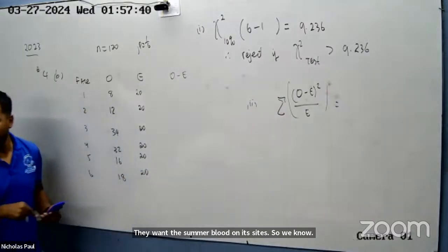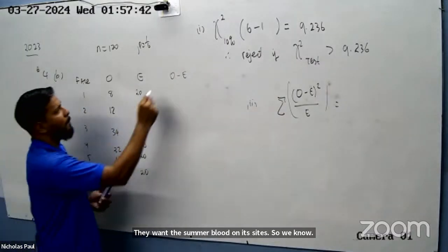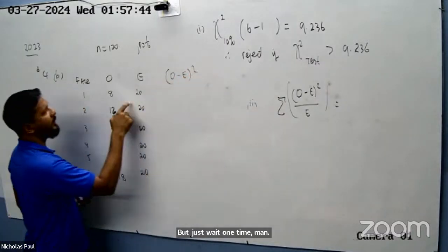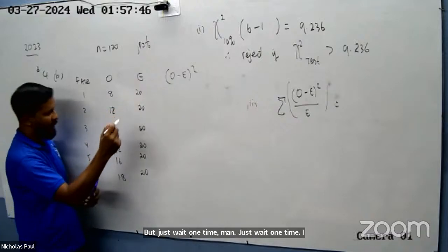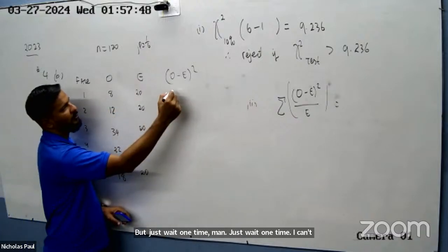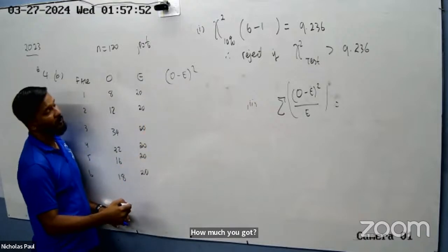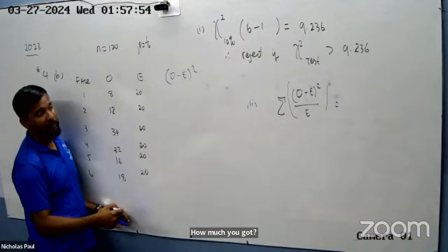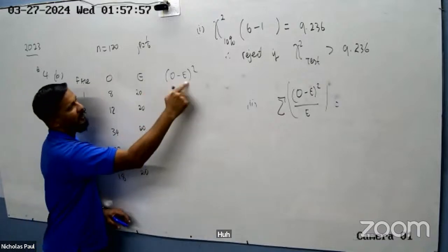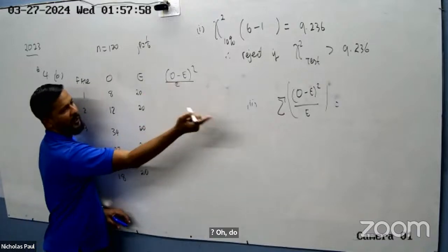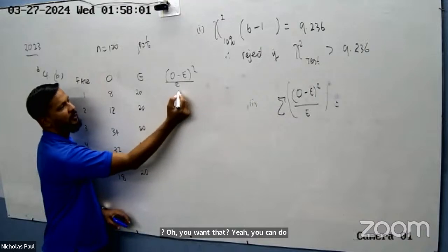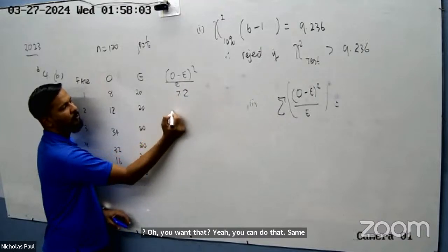I'll just square it one time. You minus them, that's 18, and you square it. Divide by E. Let's just sum it up here. So how much do you get? 7.2.